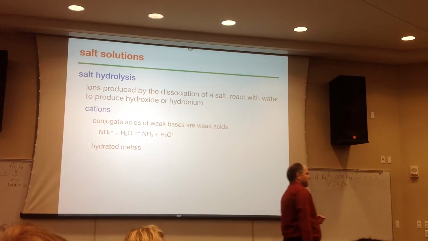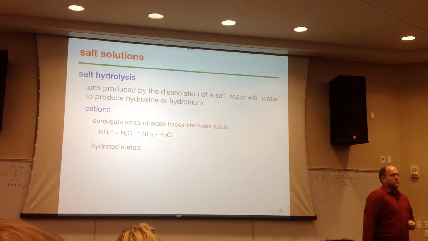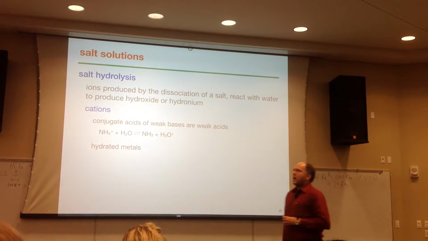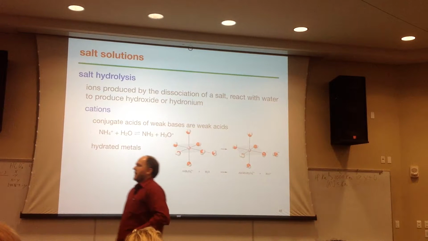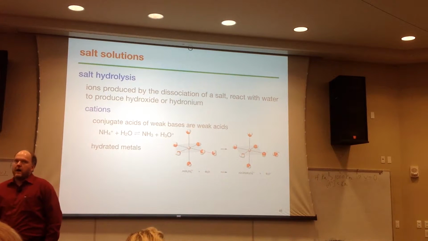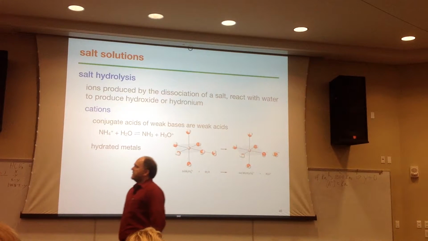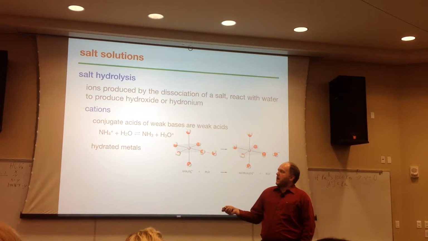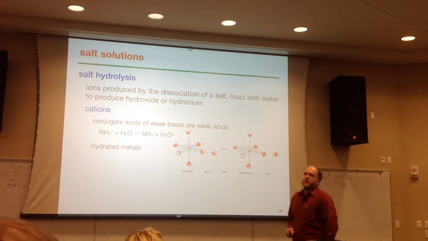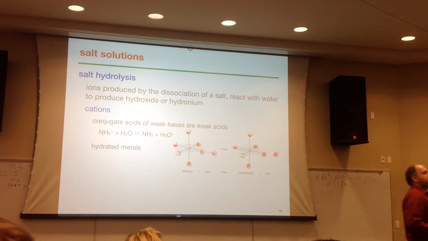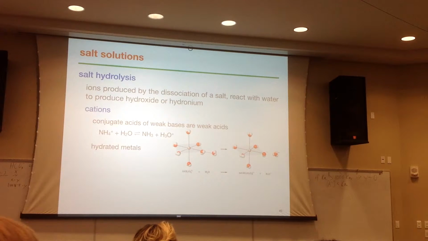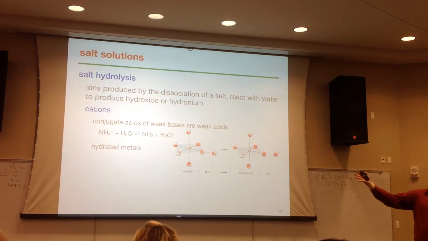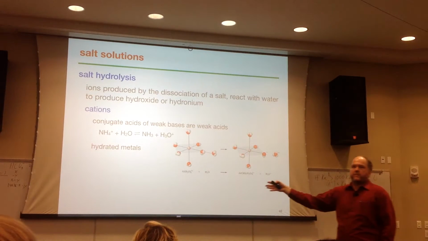All right, hydrated metals. Hydrated metals can also produce acids and bases in water. What happens is that the hydrated metal weakens the bond between oxygen and hydrogen to the point where water can come in and steal a proton. The reason why is because aluminum is a relatively electron-poor metal.